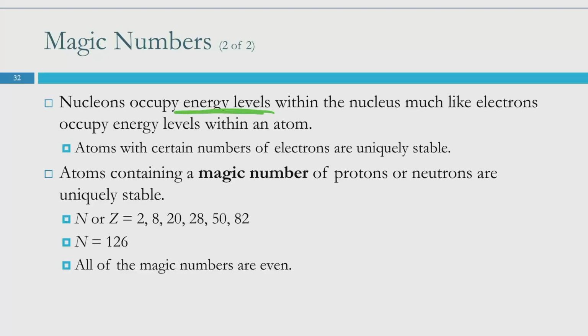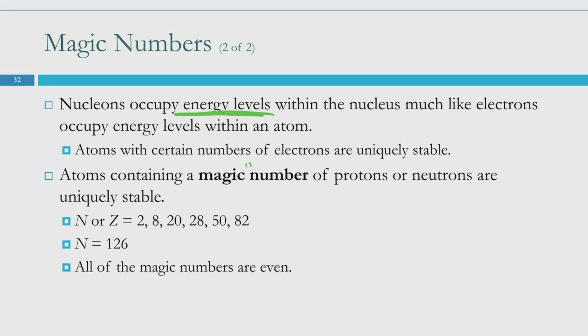Unfortunately, our magic numbers are not quite as easy. So our magic numbers, our stable numbers for protons and neutrons, are also especially stable. And those numbers are here. So for our neutrons or our protons, the numbers 2, 8, 20, 28, 50, and 82.